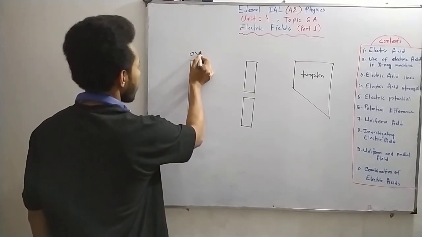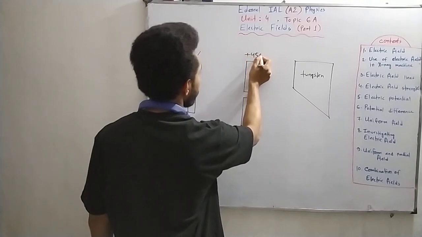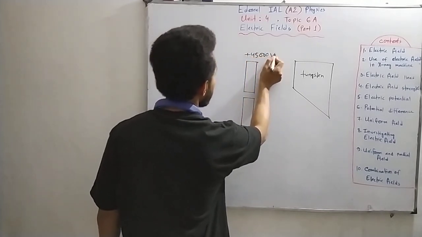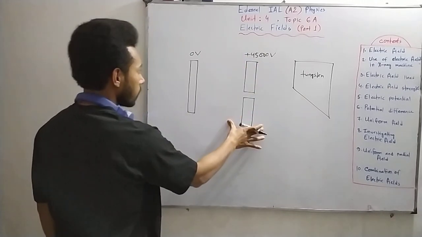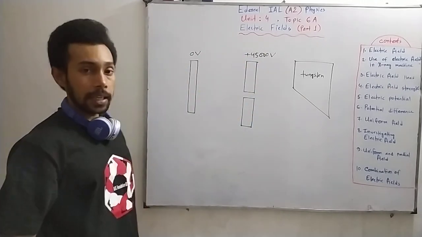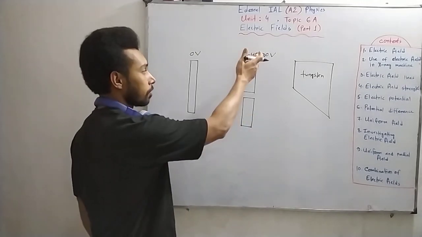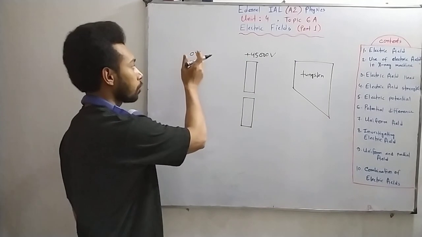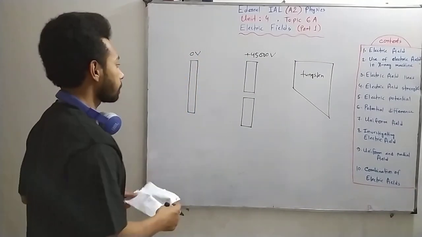Now, suppose this plate is at 0 volt and this plate is at plus 45,000 volt. With respect to the plus 45,000 volt plate, the 0 volt plate acts as a cathode, because we can consider 0 volt negative.